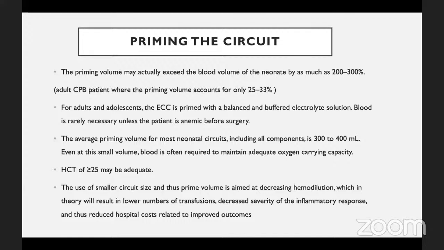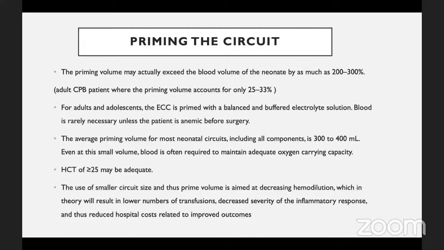We don't want a lot of prime to be added. Definitely we try to reduce the prime, but we don't cut prime to a level where we become uncomfortable running the pump with very low levels and a very low threshold for air embolism. We are confident now because we have ultrafiltration.